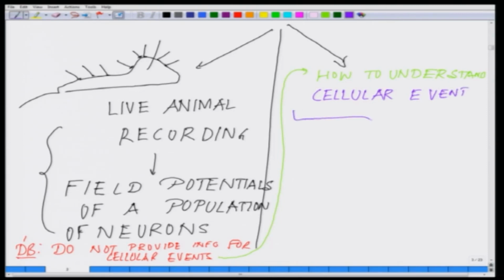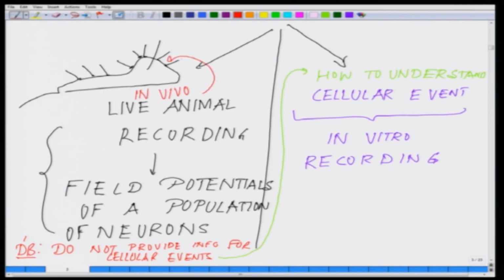For cellular event, you need to have what we call in vitro recording, and what we essentially call this technique as in vivo or in animal recording. Okay. So, to do in vitro recording, in the next slide we are moving to the different techniques of in vitro recording.